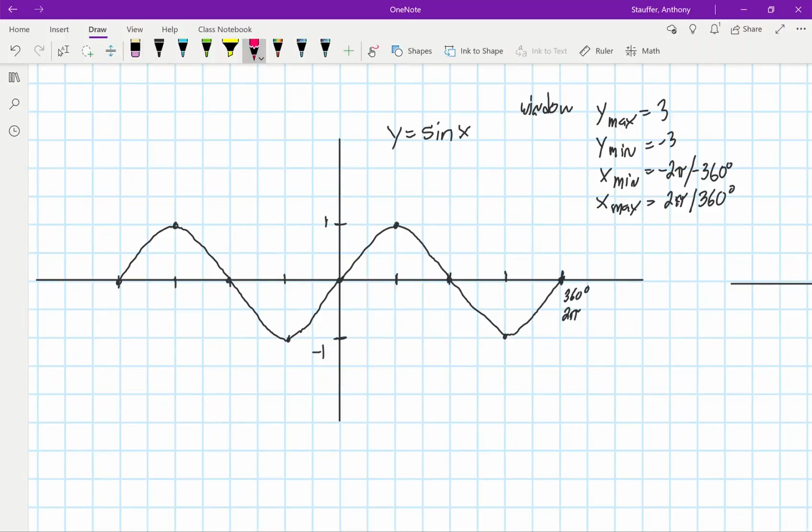Now you guys will notice if you expand the window, it's going to go on forever and ever and ever in both directions, down and up. Another thing that you guys will notice is my maximum of sine x is 1 and my minimum of sine x is -1.